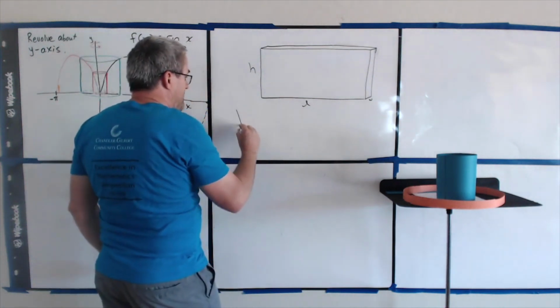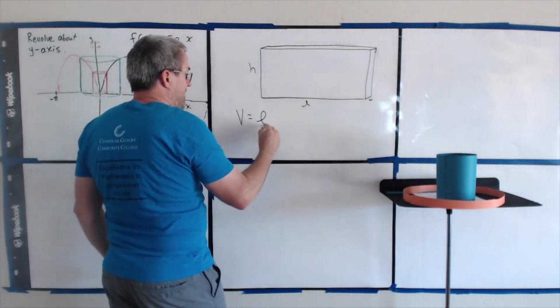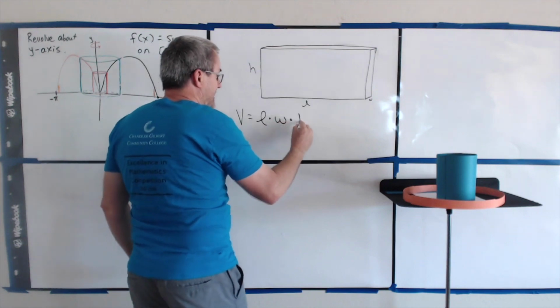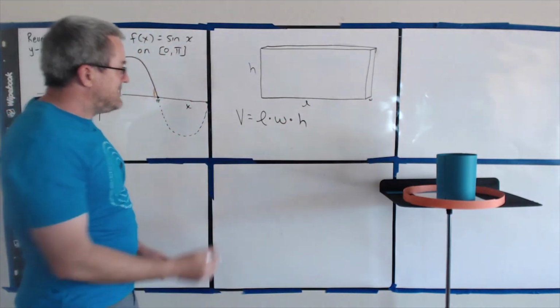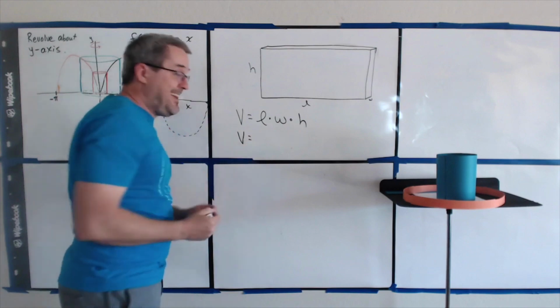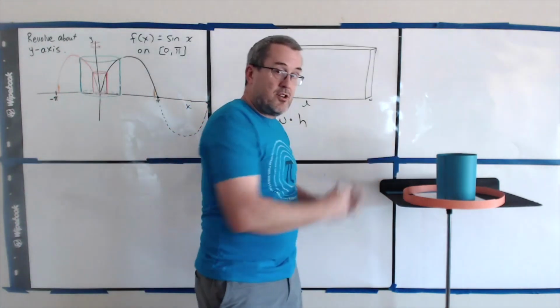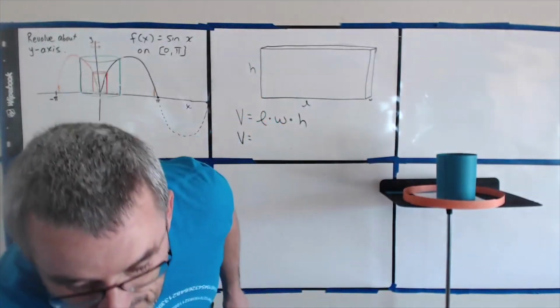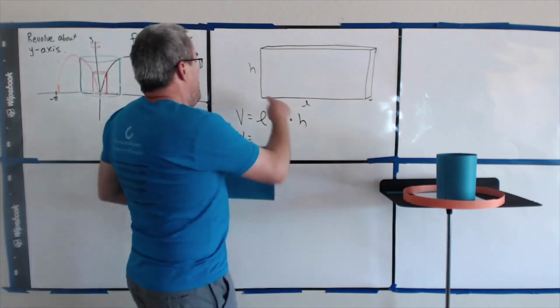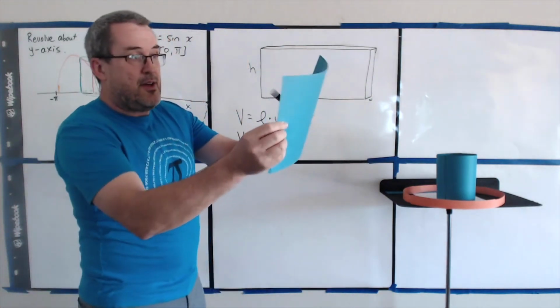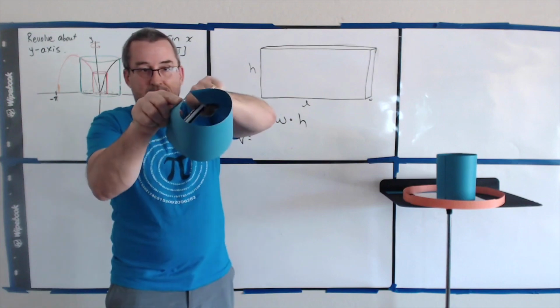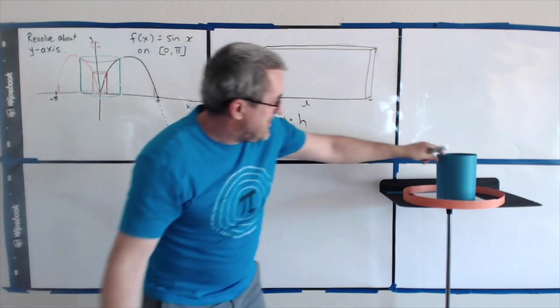Well, we know that the volume of a rectangular solid like this is length times width times height. But let's talk more about what this volume would look like in the context of one of these cylindrical shells. Let's start with the length. Before the length was the length, when this thing was a cylindrical shell, let me show you this one.